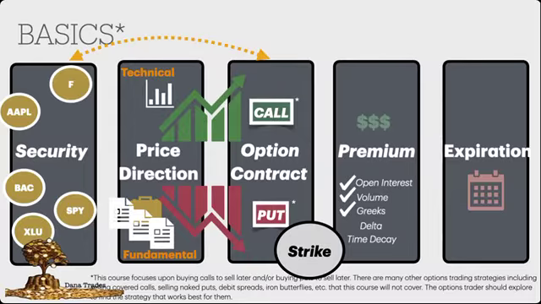The strike, the Greeks, and expiration date are factors that may impact the premium, also known as the cost of your investment. Think about it. The more favorable these terms are, the more likely your premium will be more expensive.